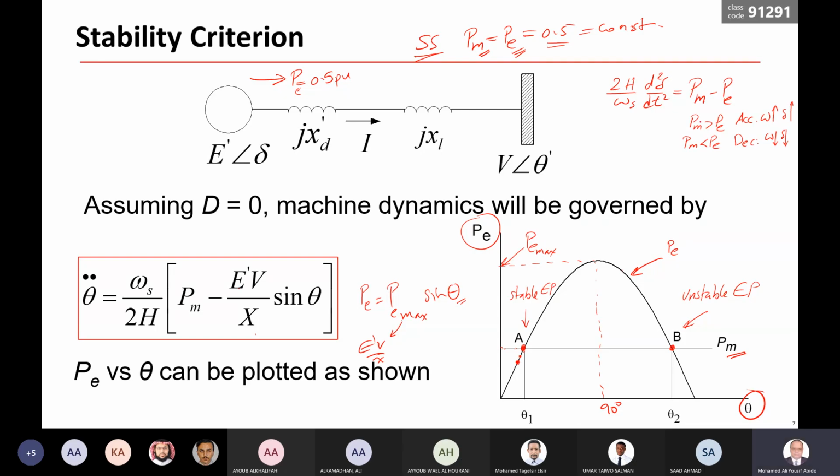What will happen? The machine will accelerate and the angle will increase. So the machine will go back to this point.